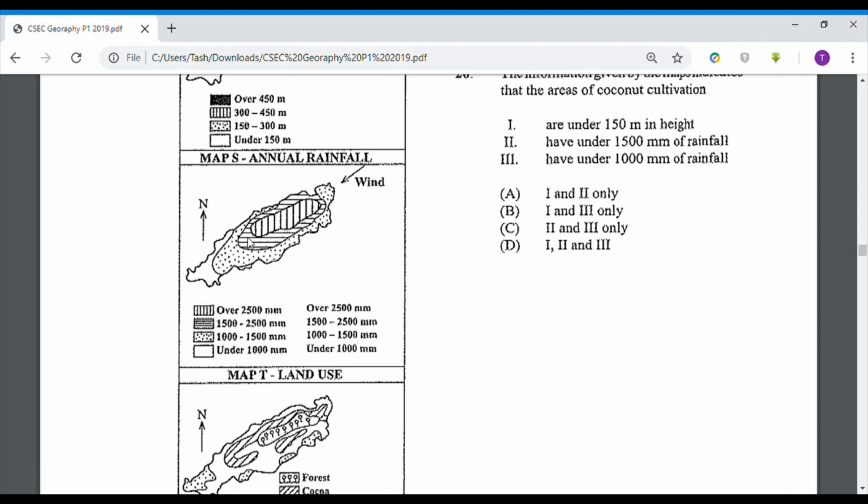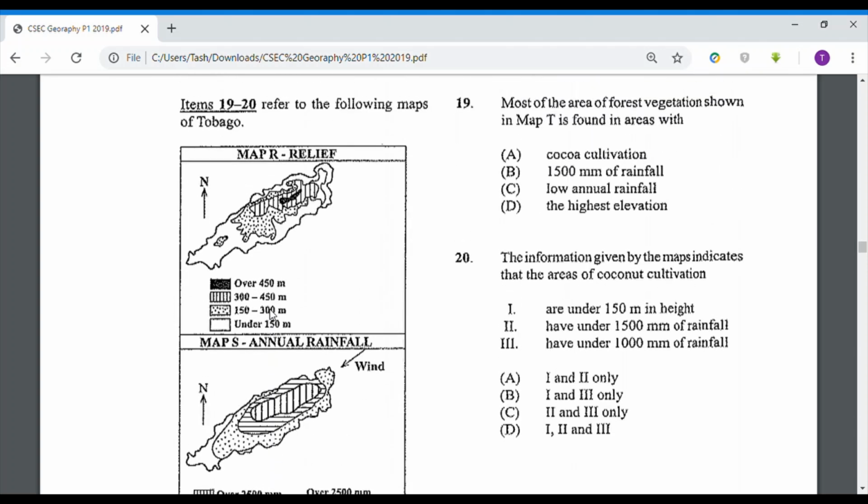That would have been on the outskirts here. The area that is shaded where we have our forest vegetation is actually over 2500 millimeters. So B would not have been the answer either.